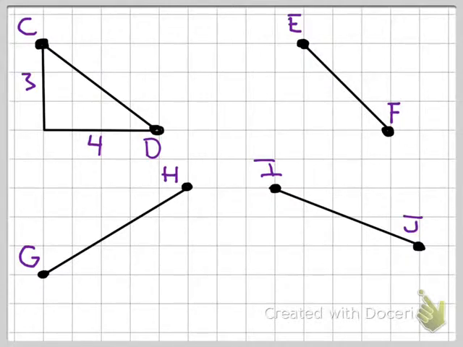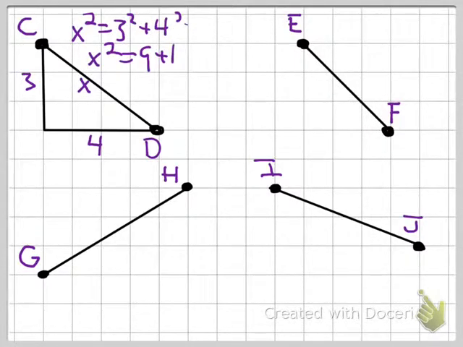So I could say that my hypotenuse, let's call it x, x squared is equal to 3 squared plus 4 squared. X squared equals 9 plus 16. X squared equals 25, which we should hopefully know means x is 5. So the length of my hypotenuse there is 5.